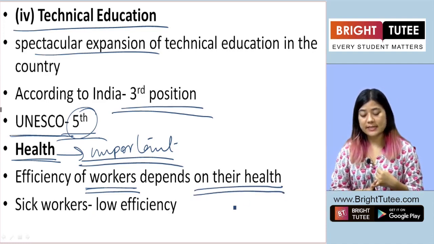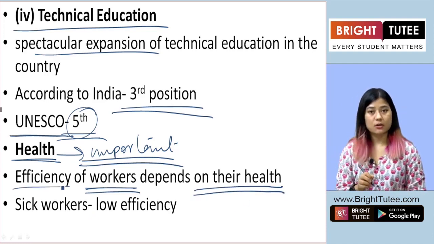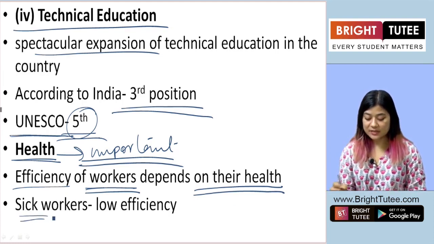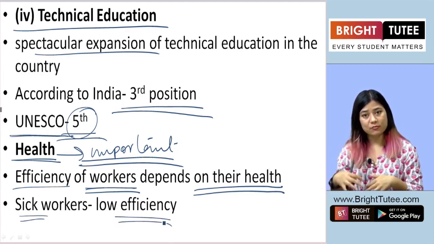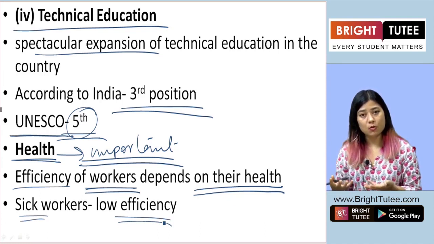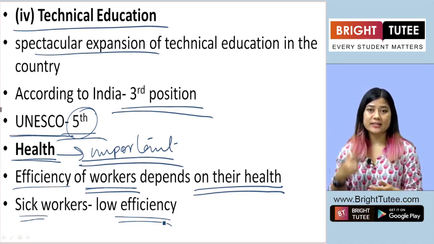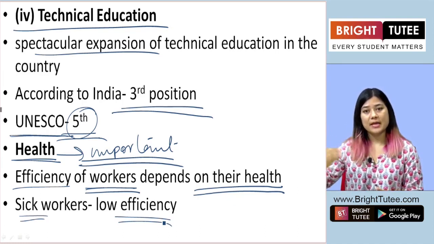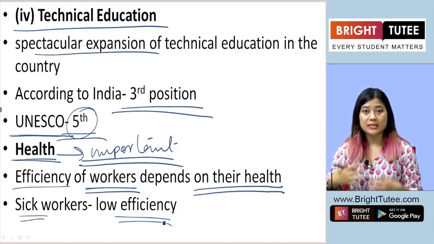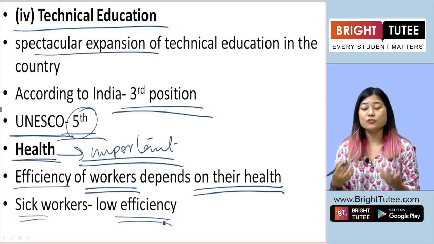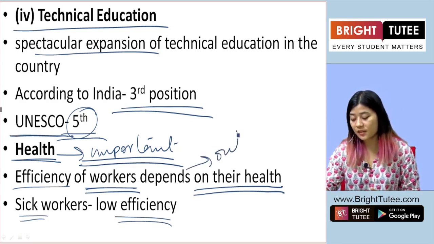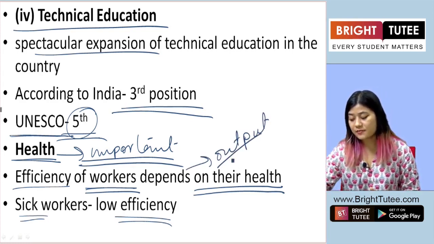If they are not healthy, they cannot be efficient. If they are sick, their efficiency goes down. But if they are healthy, their efficiency goes up, and with the increase in efficiency, they become more productive. Their output increases. Output as in the results.